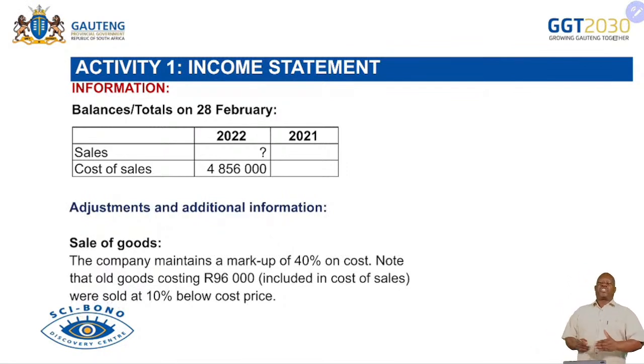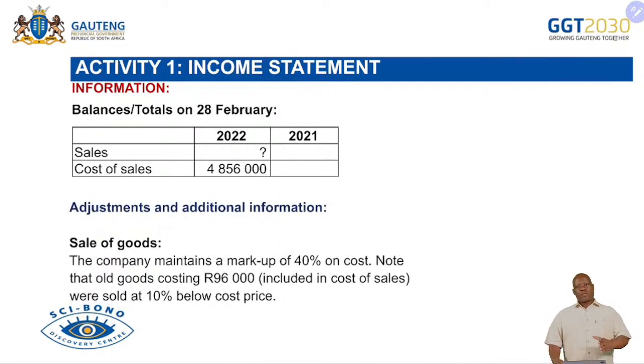That relationship can help us to solve the issue of sales when we are given the cost of sales. Now, they also say, note that all goods costing 96,000, which are included in the cost of sales, were sold at 10% below cost price.